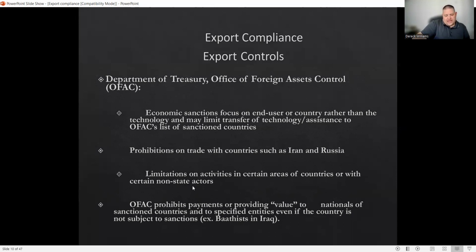A non-state actor is an entity or a group that is non-US; they're not considered a US entity. OFAC prohibits payment or providing value to nationals of sanctioned countries or specified entities, even if the country is not subject to sanctions.